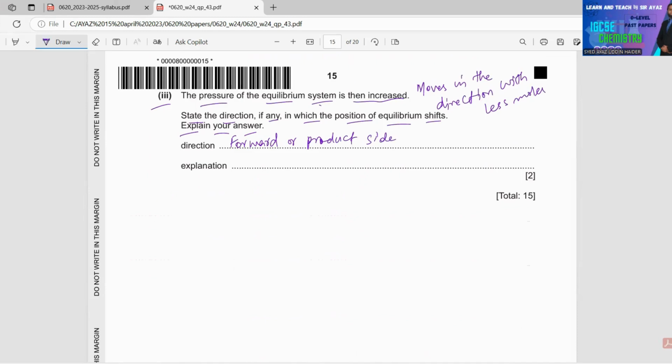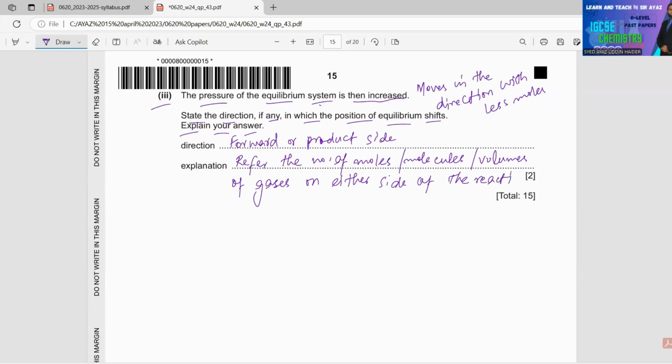So for the explanation, refer to the number of moles, molecules, or volumes of gases on either side of the equation, side of the reaction.